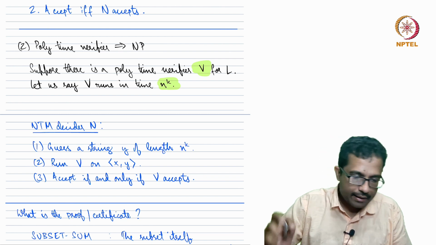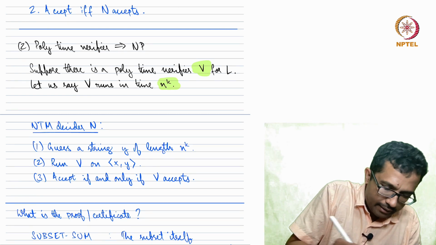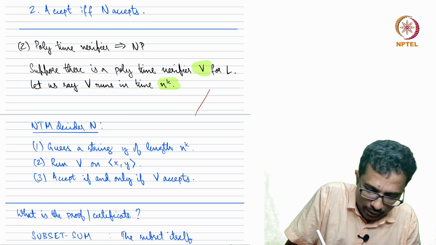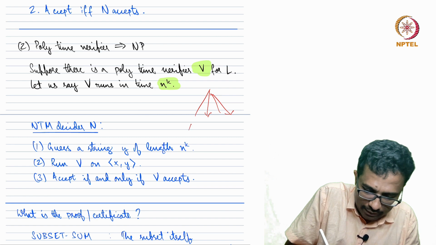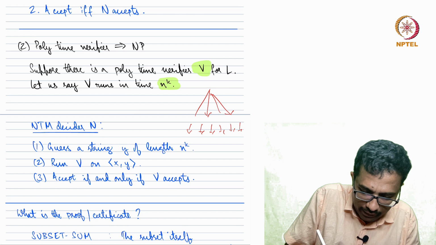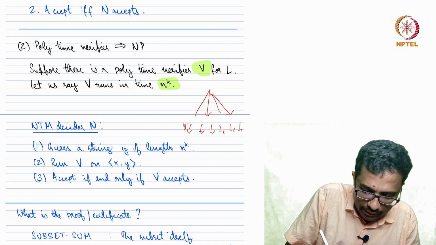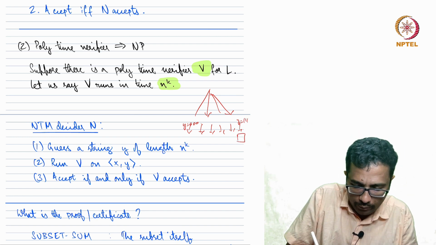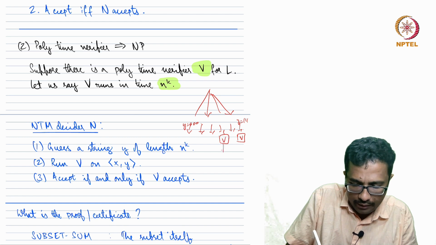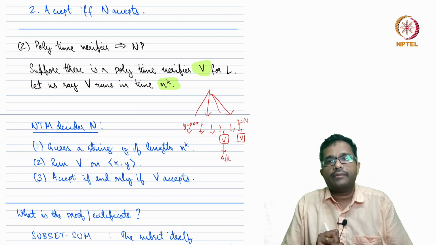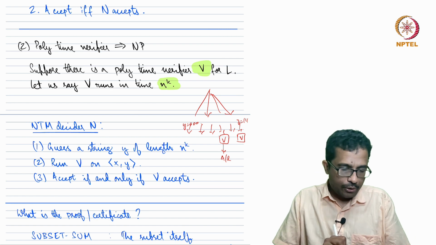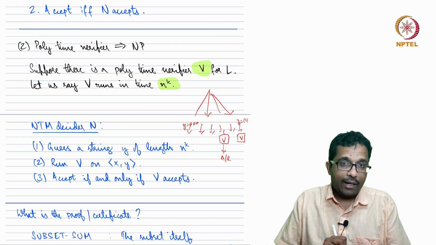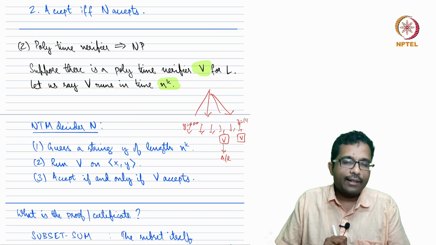So basically the Turing machine is guessing y, with many possible guesses of y, from y equal to 0 0 0 0 till y equal to 1 1 1 1, followed by running of the verifier V, and based on that you accept or reject. So this shows that if the language has a polynomial time verifier, then the language is in NP.